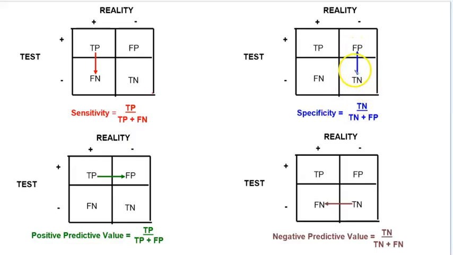And so again, the way the arrow is constructed, the non-arrow part is the numerator, and then these 2 together represent the sum, the denominator. So we have sensitivity going down, that first column, specificity going up, second column. And then down here we have positive predictive value.